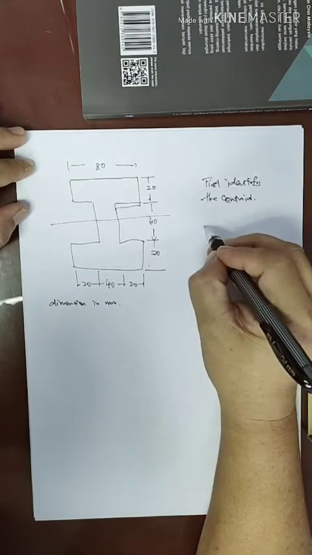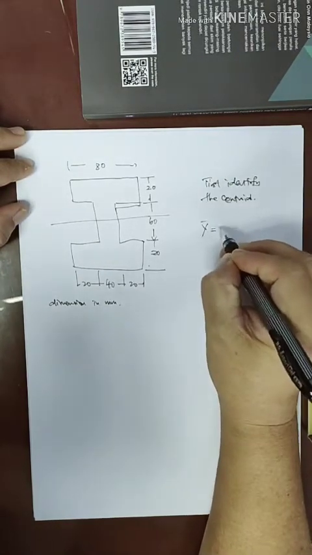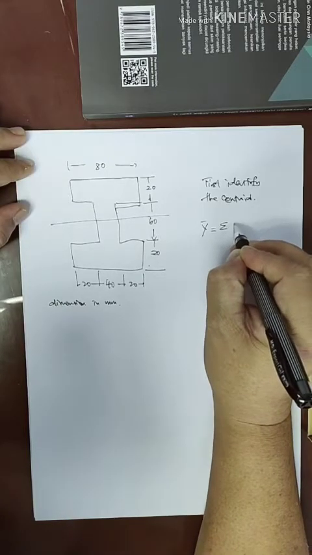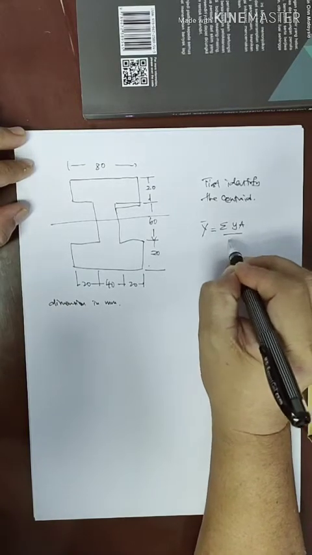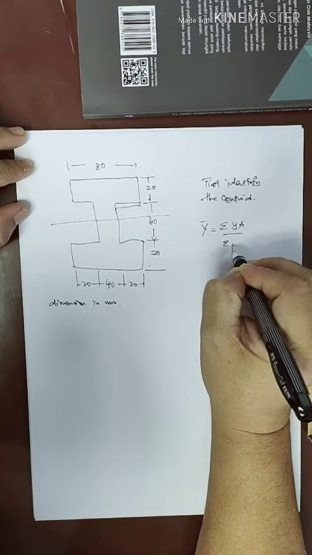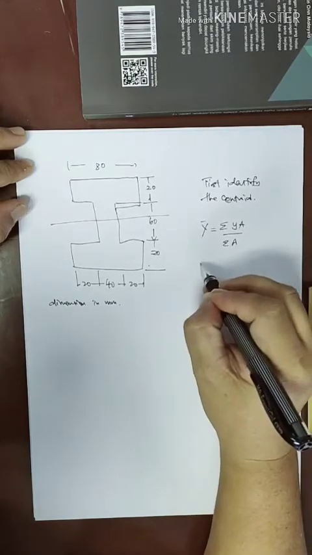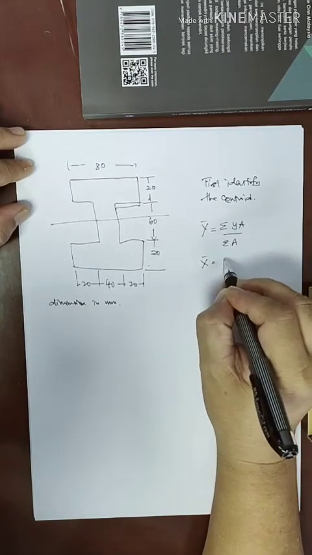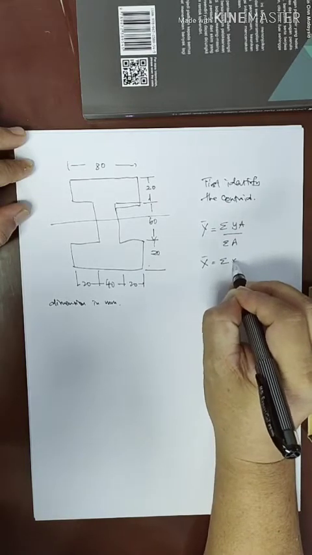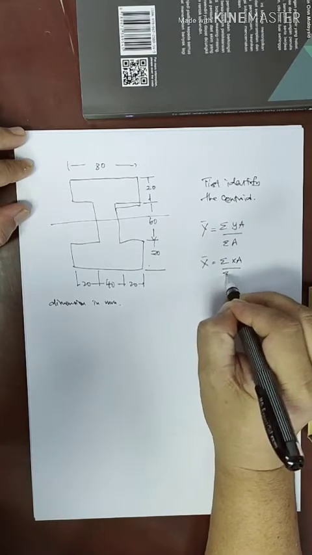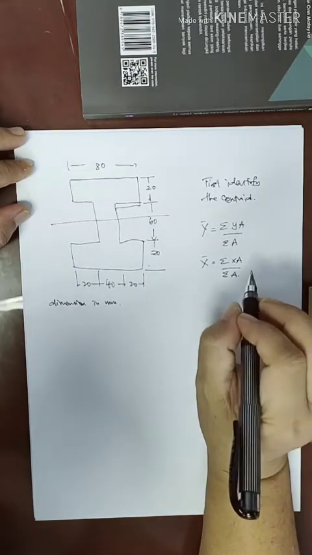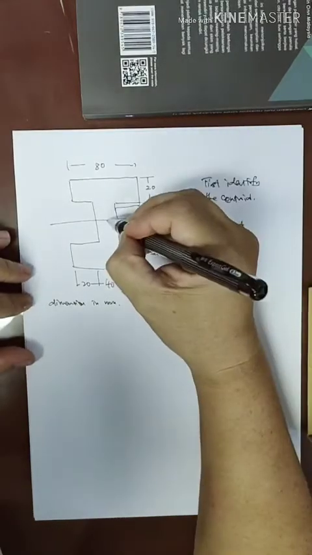We can use the equation x bar equal to summation of xA over summation of A, and also the same for y, to get the centroid.